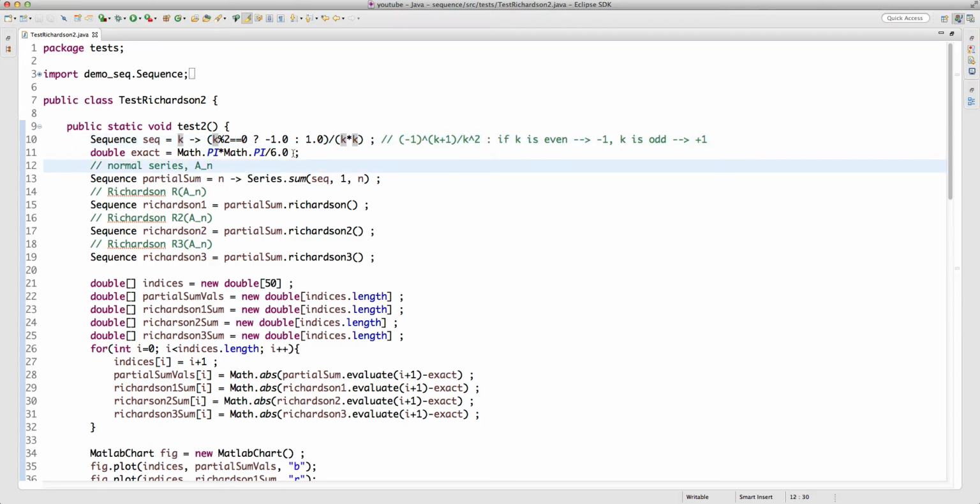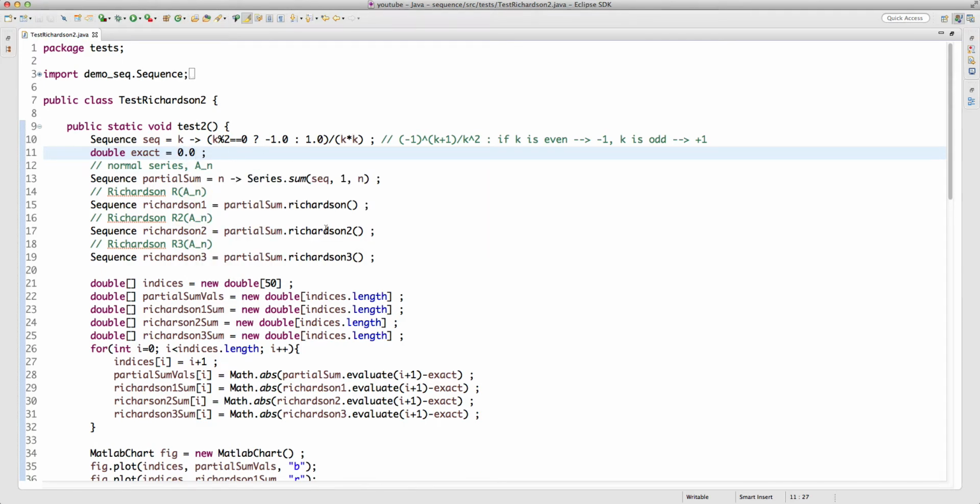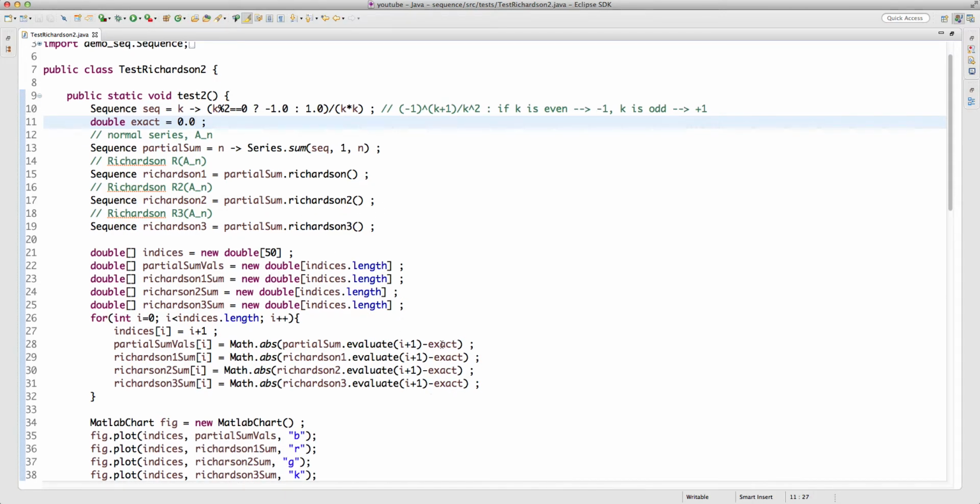Okay? And we don't know the exact value, so I'm just going to look at the absolute value of the sequence. Basically, I set the exact value to 0, which means I'm just looking at the absolute value or the magnitude of the terms of the partial sum or the Richardson. And we know that this sequence converges, and so the exact value is 0.